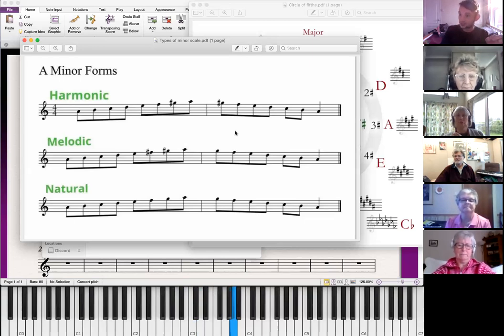There, it just really wants to go to that A, but on the way down, it kind of sounds more like a major scale from the top down. And all of a sudden it's minor, it just doesn't really work that well. So they kept it as the natural minor scale on the way down.